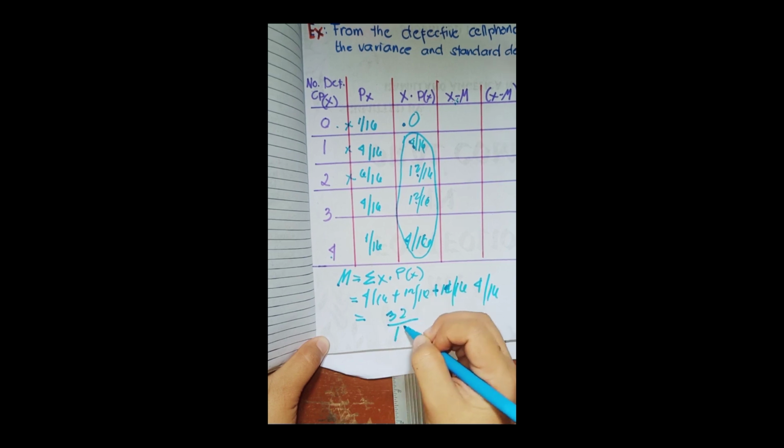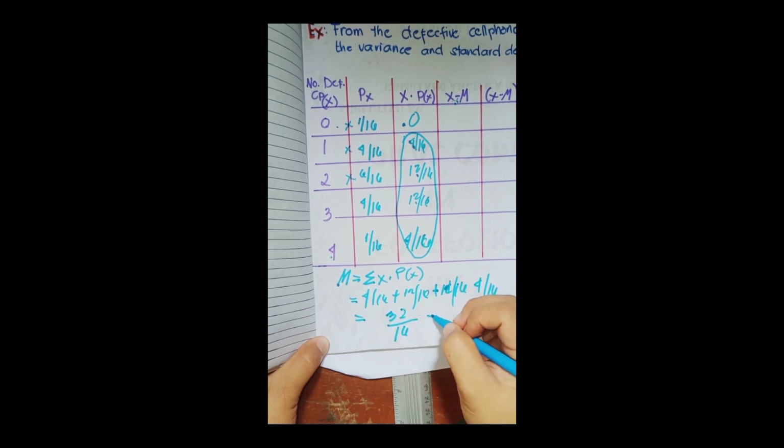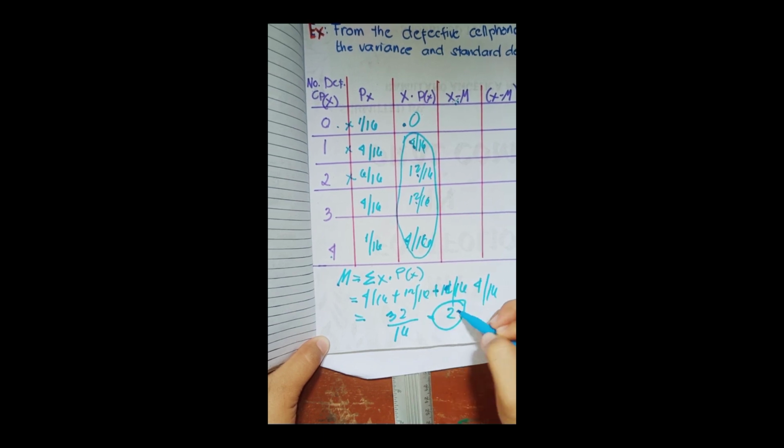The sum is 32 over 16. 32 divided by 16 is equal to 2.